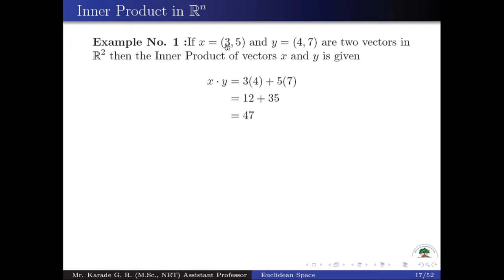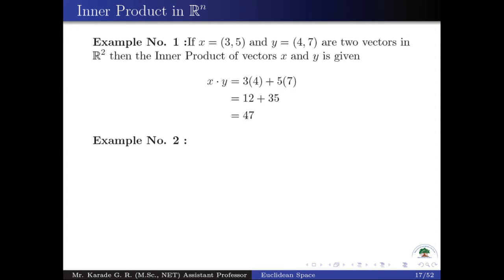So the product of the first component of this vector and the first component of this vector, 3 into 4, plus the product of the second component of this vector and the second component of this vector, so it is 5 into 7. So the resultant is 3 into 4 is 12 plus 5 into 7 is 35. So 12 plus 35 is 47. Therefore the inner product of two vectors x and y is x dot y equal to 47, and it is a real number.